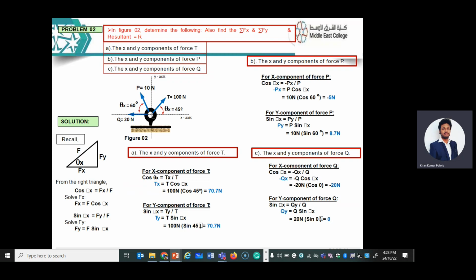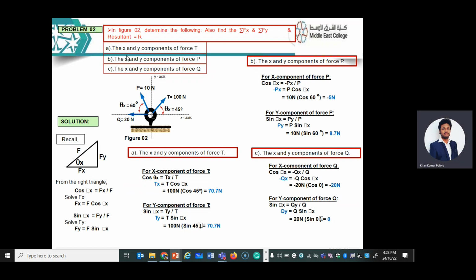Now, what is the next force? Q. Q in the X direction. What is Q? 20. What is theta? Is it clear?